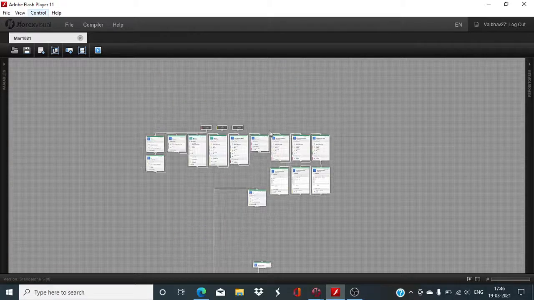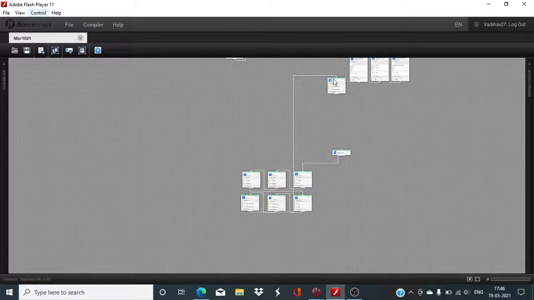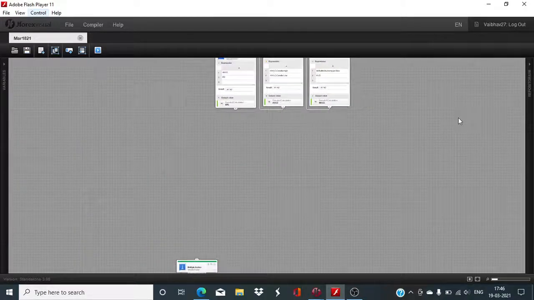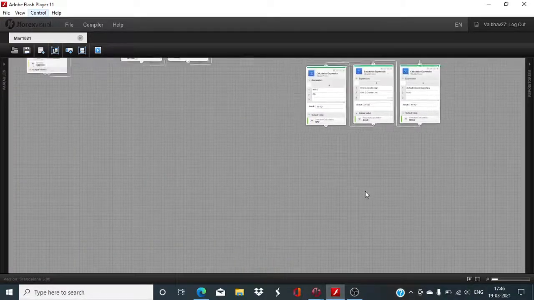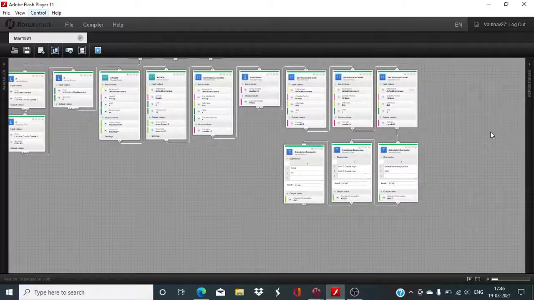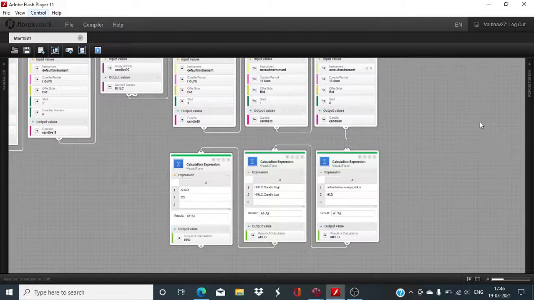And now I will bring in the pending open order blocks, and to define its values we will have to add some calculation expression.